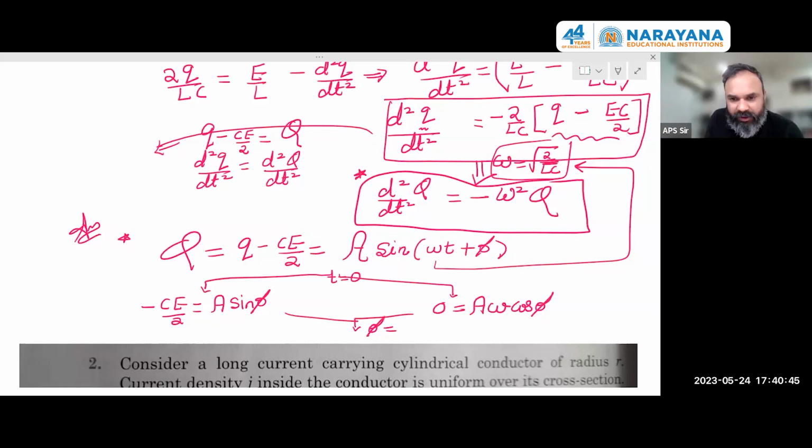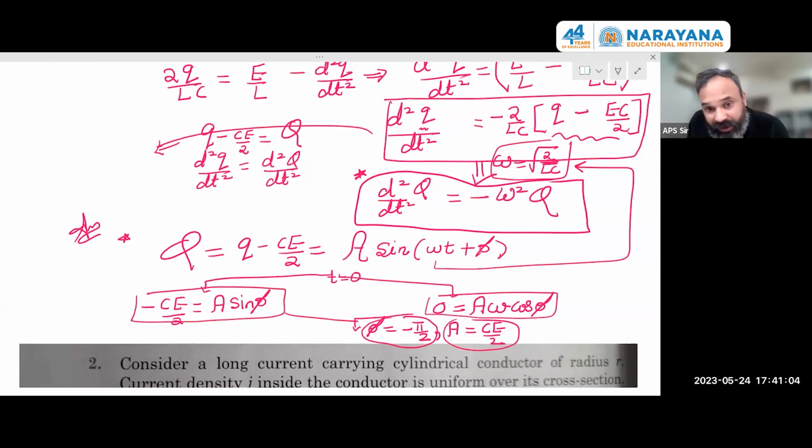From these two things, I'm just writing my solution. So phi comes out as minus pi by 2, and the amplitude A comes out as CE by 2. I substitute them back.